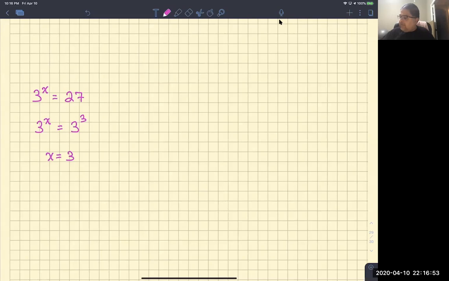So let's say, for example, I have something like 2 to the x plus 1, minus 1, equals 15. Okay, so step 1 is to isolate. That means get the exponential by itself.